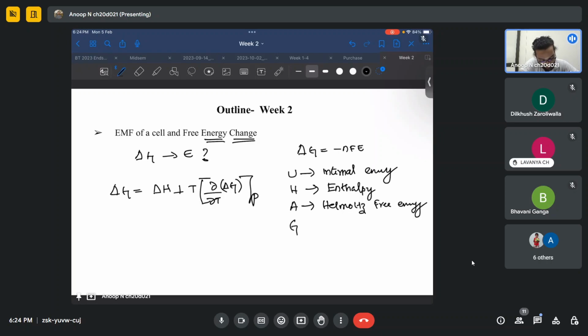Then we have G, which is Gibbs free energy. Do all of you know the fundamental relations defining these, or shall I go through them a little? I'll just give a brief brush up of your knowledge.